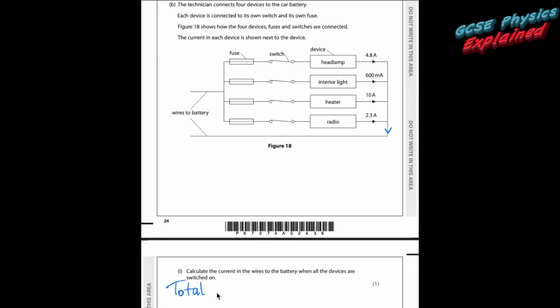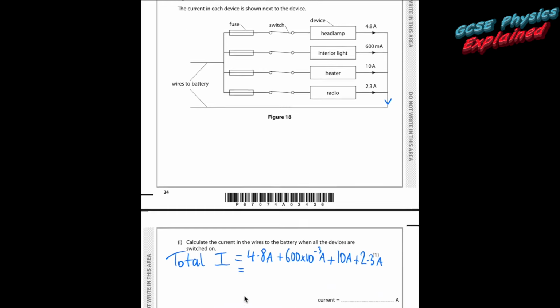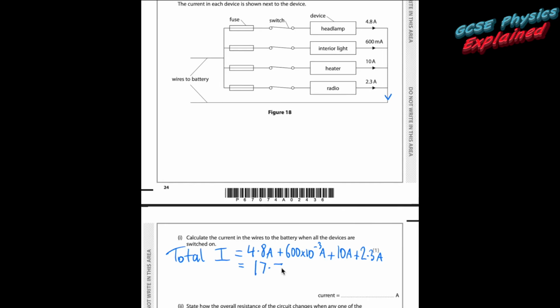So the total current will equal 4.8 amps plus 600 times 10 to the minus 3 amps plus 10 amps plus 2.3 amps, and that equals 17.7 amps.